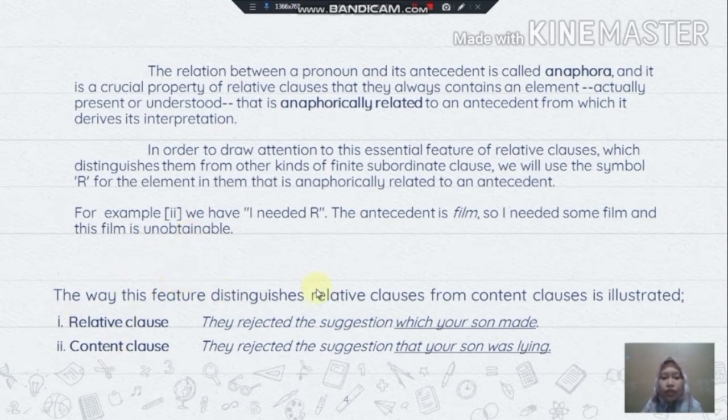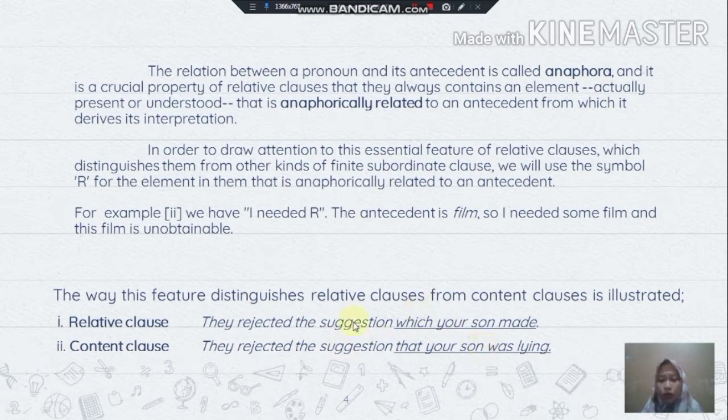The way this feature distinguishes relative clauses from content clauses is illustrated here. For the relative clause: they rejected the suggestion which your son made. And the content clause: they rejected the suggestion that your son was lying.